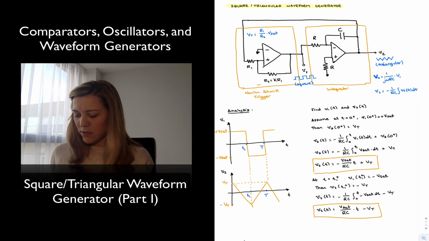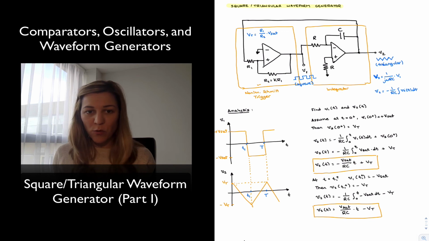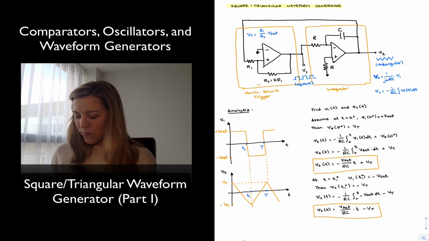We can see again this matches our expectations from the graphical representation, where for t equal to t1, we will have a value of V2 equal to negative Vt, and then it will go increasing with a slope of Vsat divided by RC.